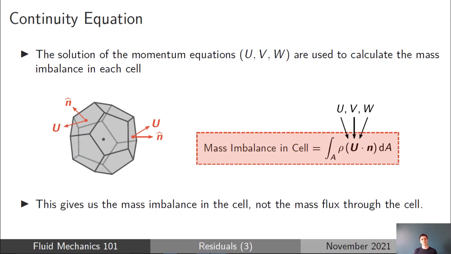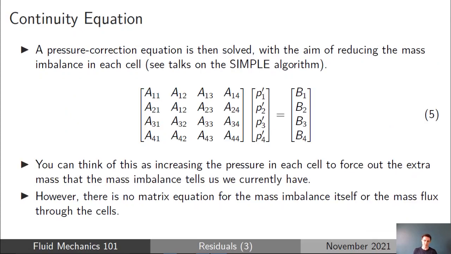So for our purposes, with scaling the residuals, we know that we don't have a matrix equation, so we can't use a diagonal coefficient like AP to get a representative mass flux through the domain. Now, just as a small side point, for those of you who looked at some of the algorithms like the SIMPLE algorithm, we do then solve a matrix equation for the pressure correction, which is used to adjust the mass fluxes during the next iteration.